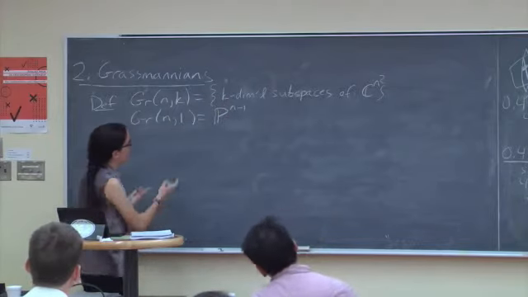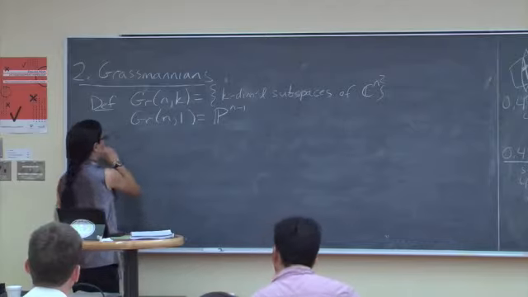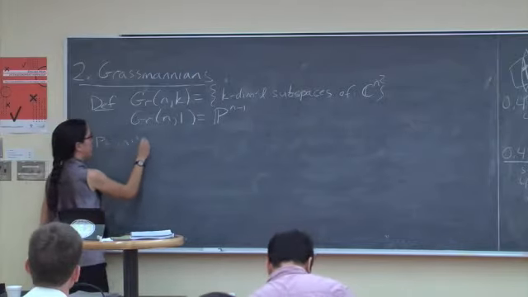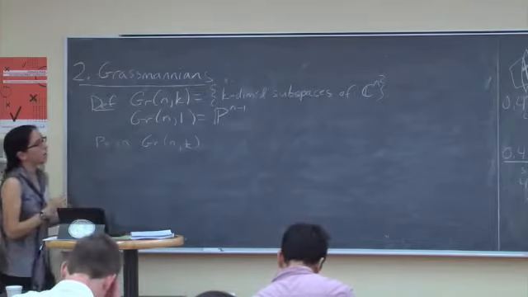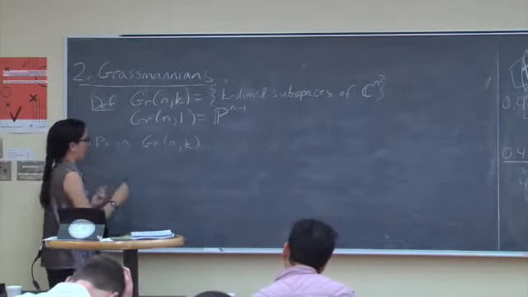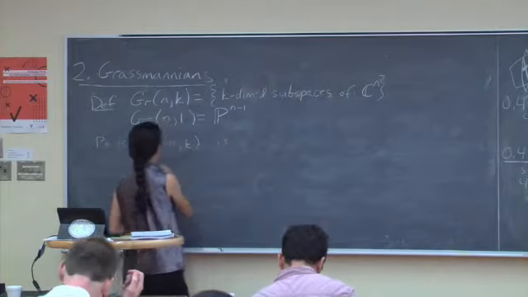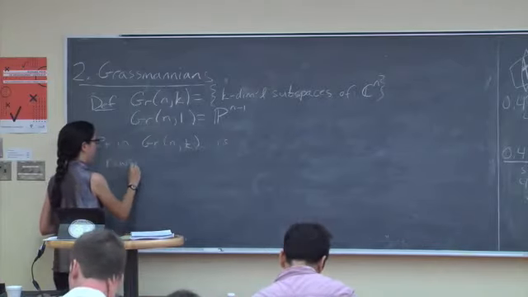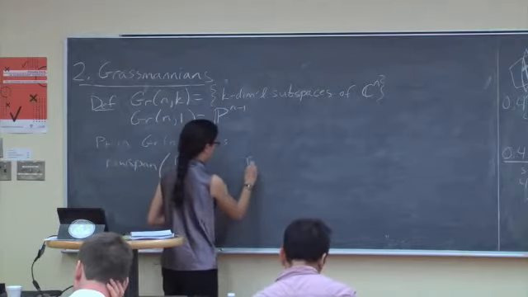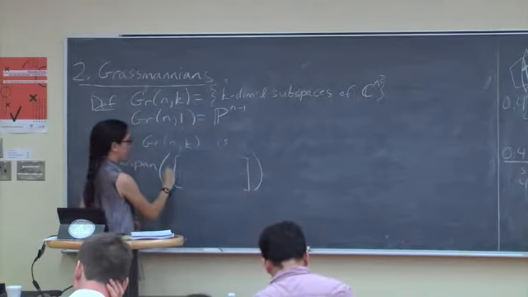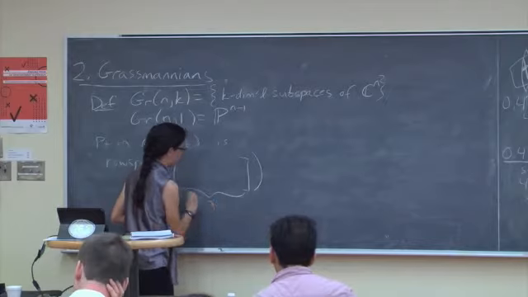So a point in the Grassmannian can be represented as the row span of some k by n matrix.